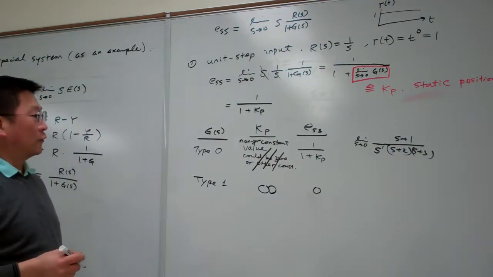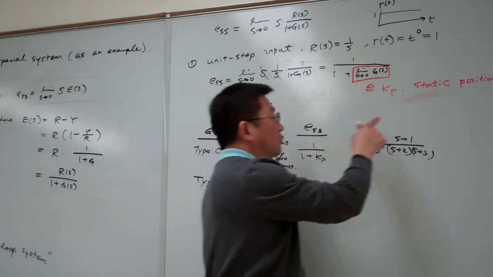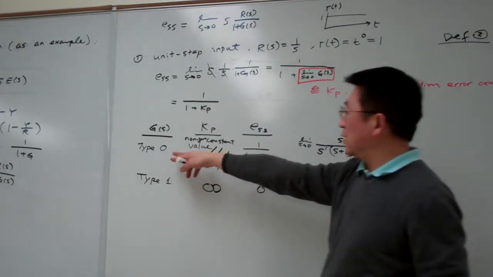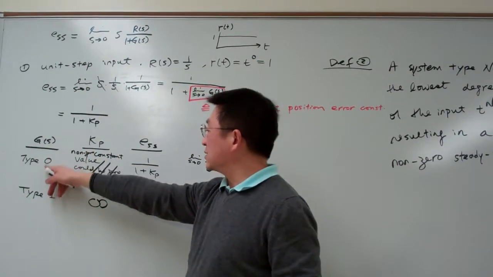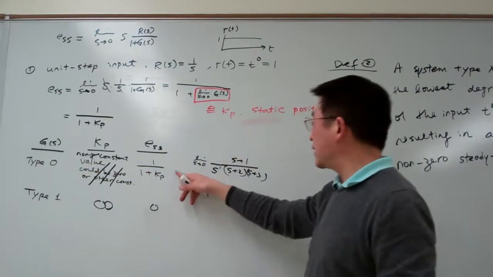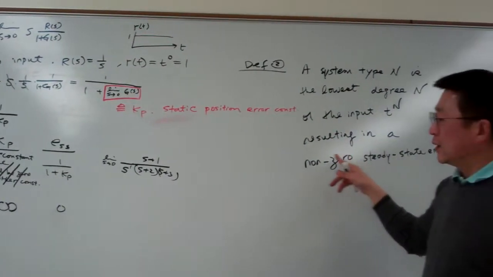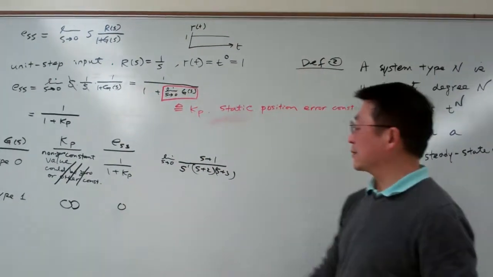Okay, so for a type 0 system, we look up these definitions. A system of type n, so right now we're looking into what the system is. This is a system of type 0, then that is a non-zero constant. So for this case, when system type equals 1, it becomes 0.